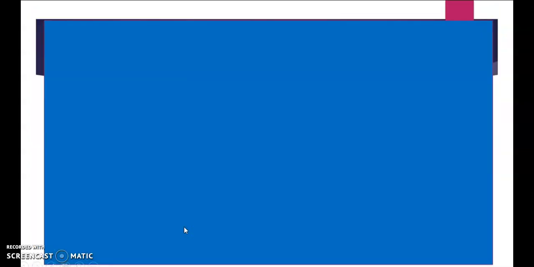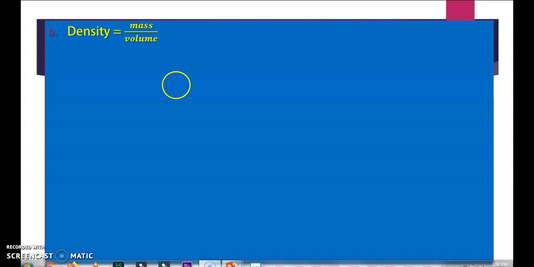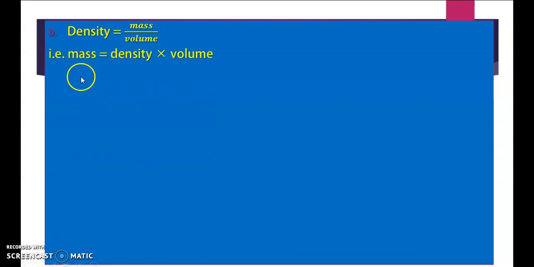Now let's quickly take the B part, where we are asked to calculate the mass of the metal in kg. Now if you could recall, density is equal to mass over volume, and mass is equal to density times volume.